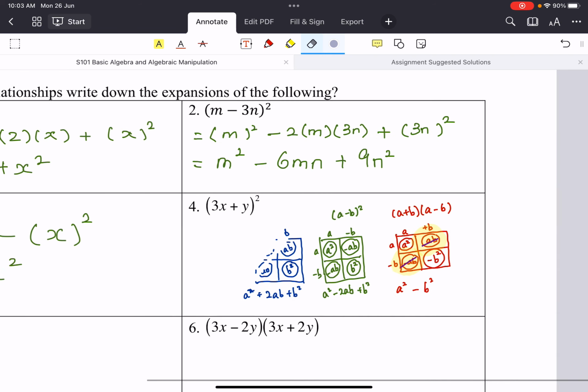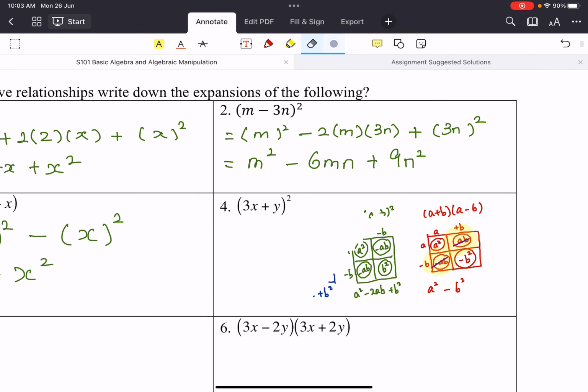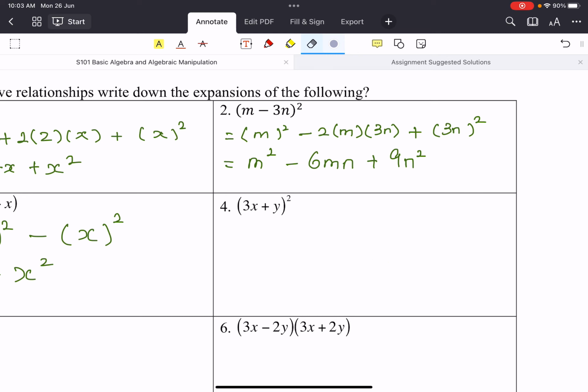Okay, so let me clear the whiteboard. Now we know how it works, we can solve this very quickly. Again, recognize the structure very quickly. This will be (3x) squared plus 2 times (3x) times y plus y squared.